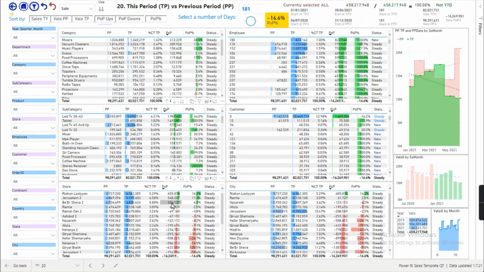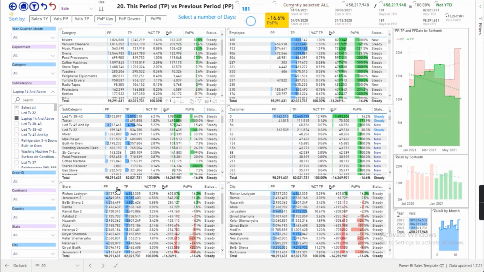We see the money here, and Rishon LeZion. Sorry, we lost the filtering, because every sort by bookmark, those buttons, loses the filtering. Nothing to do but to restore the filter from the list.